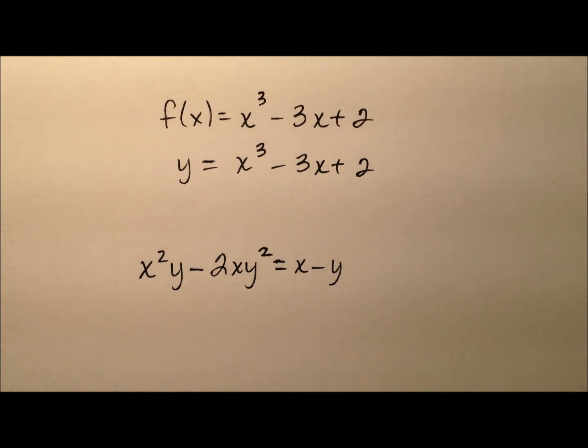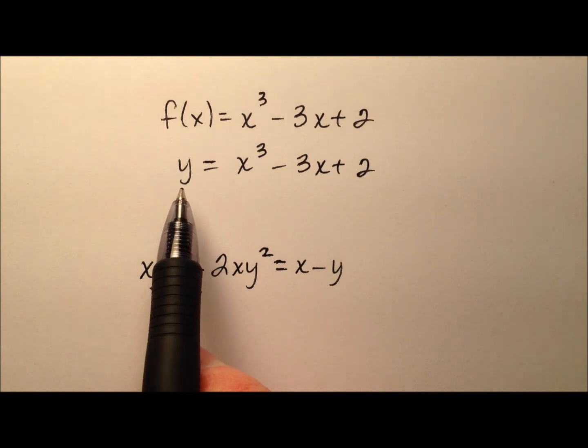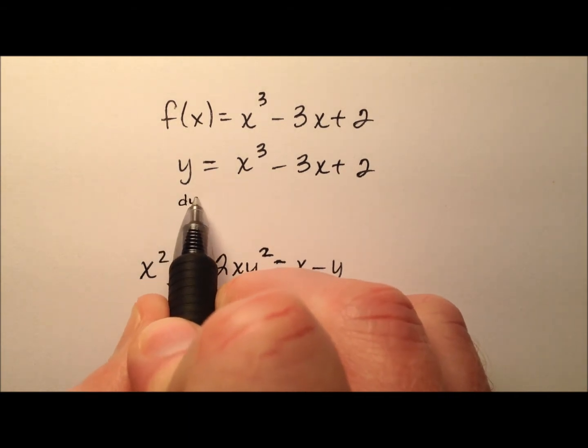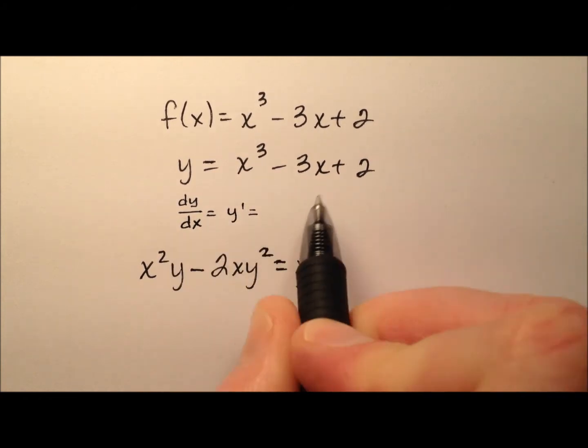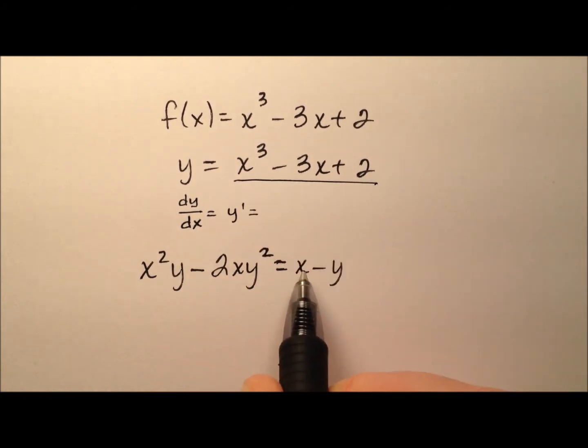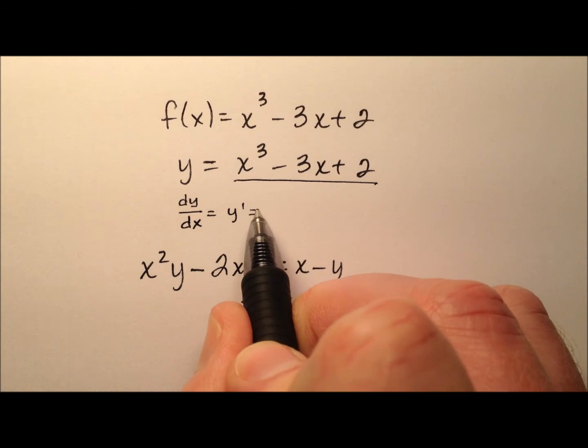But before we get to our two examples, let's look at the equation y equals x cubed minus 3x plus 2. When we take the derivative of this equation, the y actually becomes either dy/dx or y prime. And then we go ahead and find the derivative of this expression in x as usual.